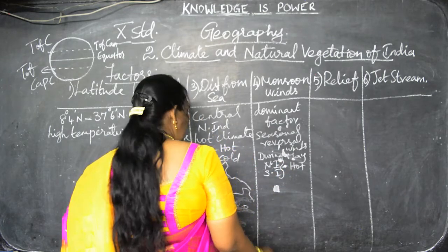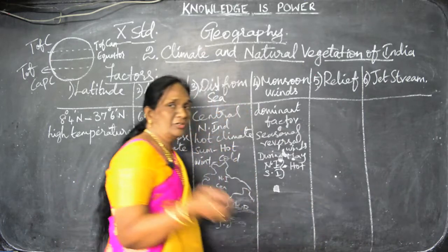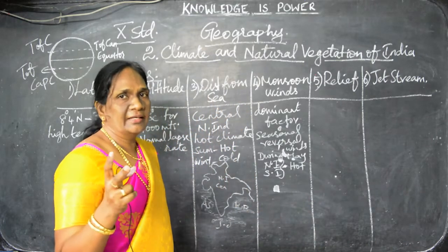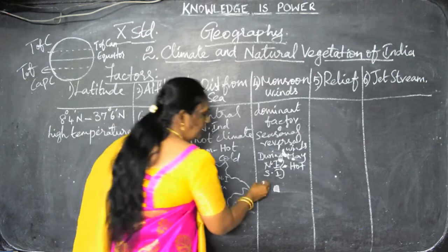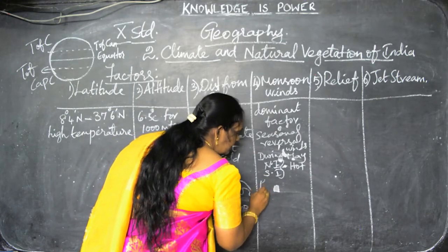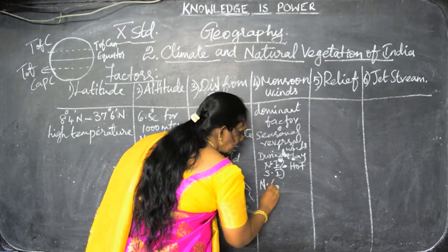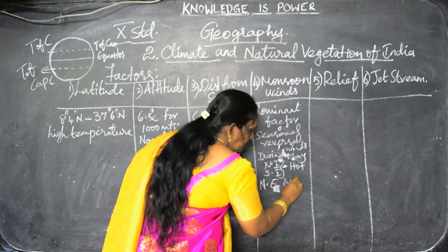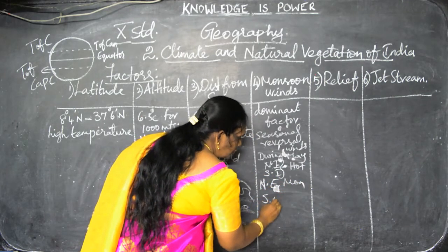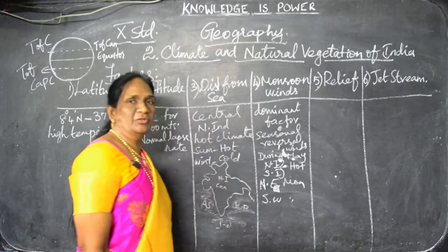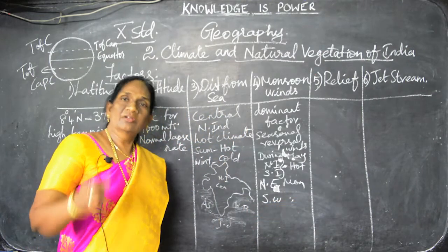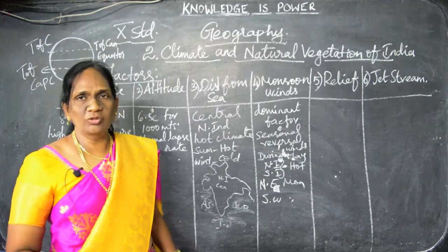Understand? Because of the onset of, there are two types of monsoons that we have in India. They are the northeast monsoon and southwest monsoon. What are the two monsoons we have in India? Northeast monsoon and southwest monsoon.